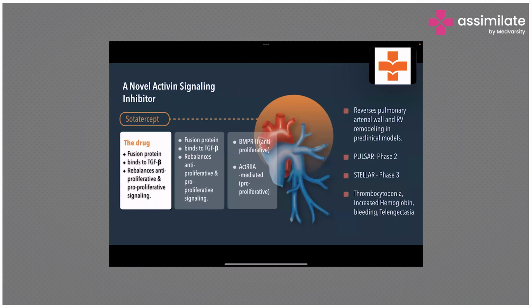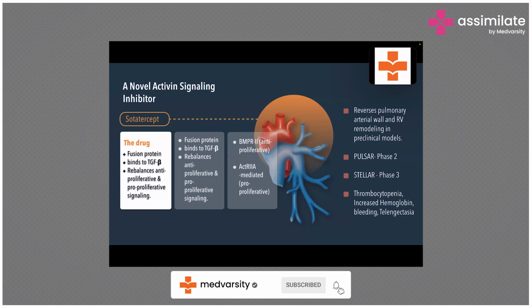The molecule studied has been Sotatercept. Sotatercept is a fusion protein which binds to the activin receptors. By binding to these receptors, the balance is shifted to normal, or the balance is restored.